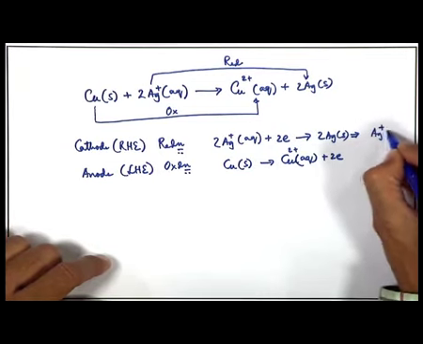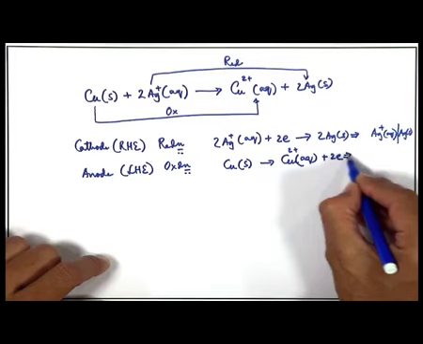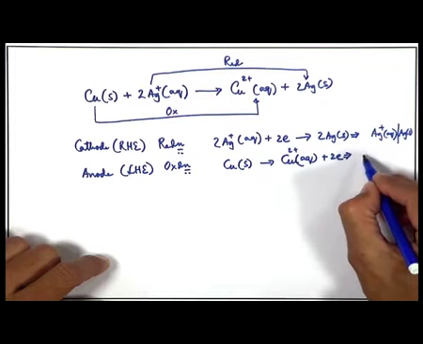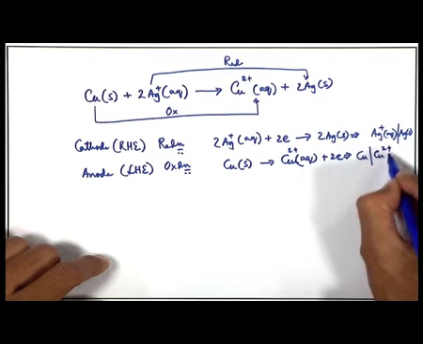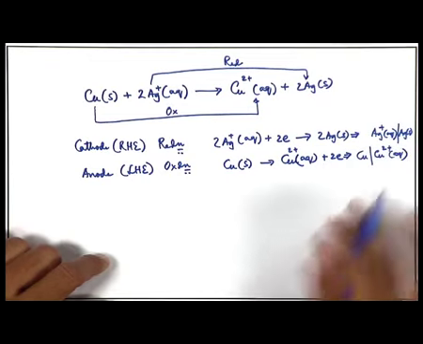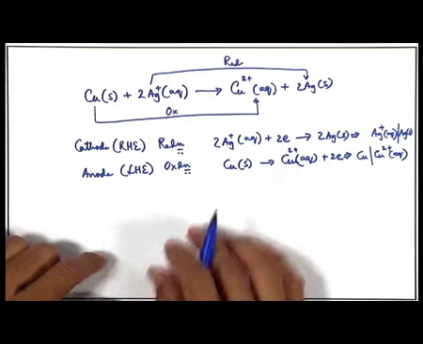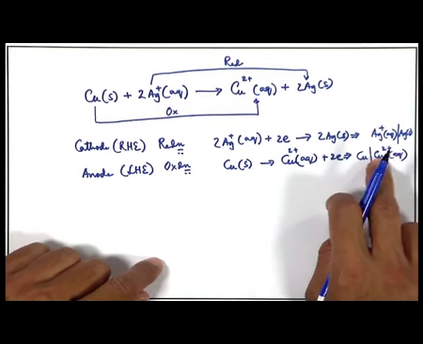So, the corresponding half cells will be represented like Ag plus, Ag solid, and here Cu2 plus. You couple these two, so you put this in the right hand side and this in the left hand side.